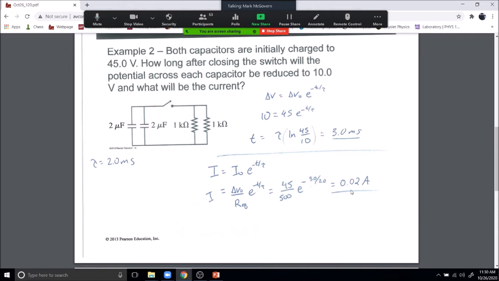So we're probably somewhere around 20% of the current or something like that. I mean, let's see what it is actually. 45 over 500 is 0.09. So yeah, it's like 22%. All right, sounds good.